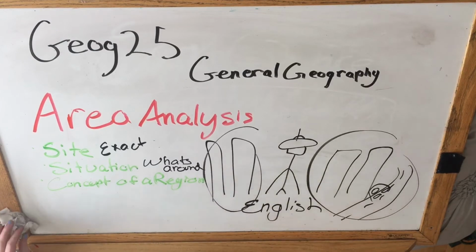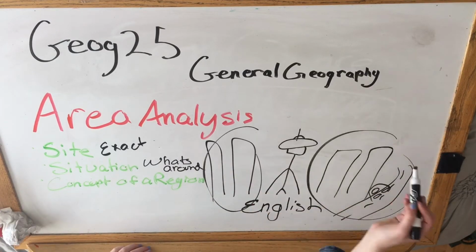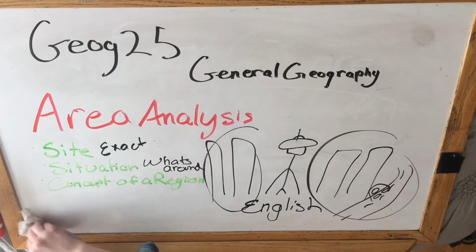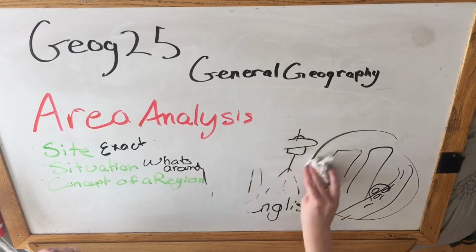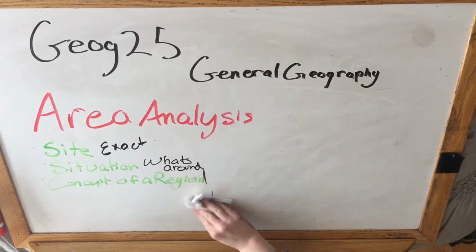Kind of like describing the situation. This is situated in between two buildings, a road, and some English-speaking people, probably some other languages as well, because it is a diverse city. That is your situation. The concept of a region.